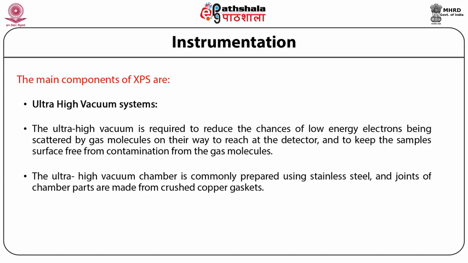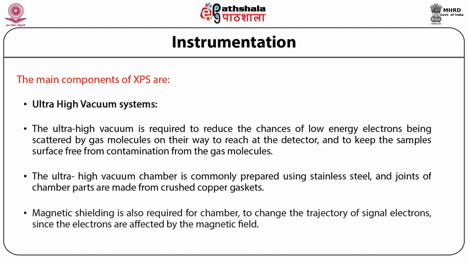The ultra high vacuum is required to reduce the chances of low energy electrons being scattered by gas molecules on their way to reach the detector, and to keep the sample's surface free from contamination from the gas molecules.